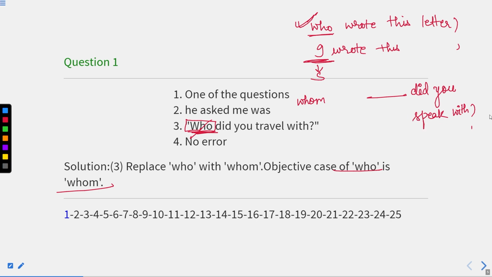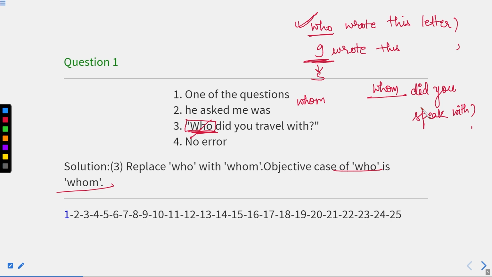So obviously the word him is replying to this question, therefore we need "whom did you speak to", "whom did you speak with". In this manner you can come to a conclusion whether to write who or whom. So here this word who is incorrect, rather we should use whom. Okay, so the correct sentence will be, "One of the questions he asked me was, whom did you travel with?"